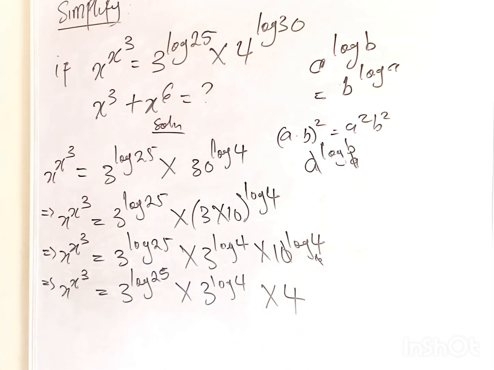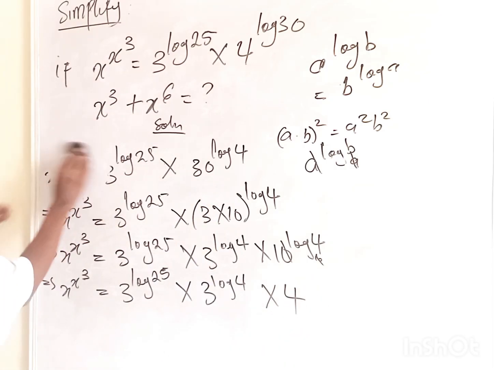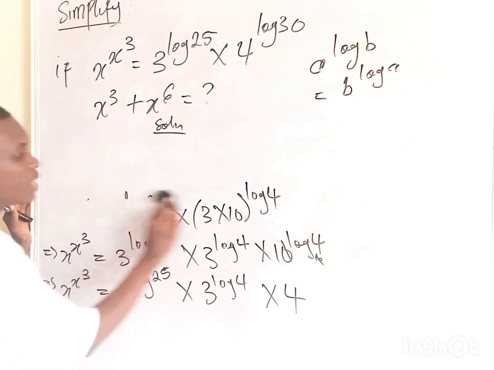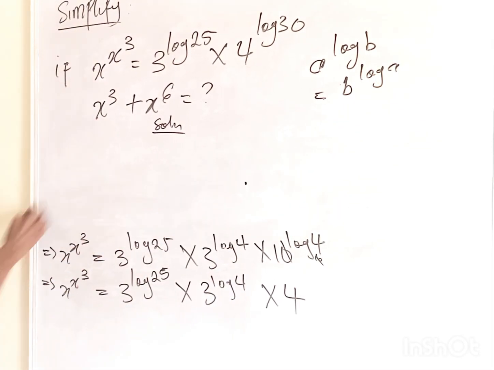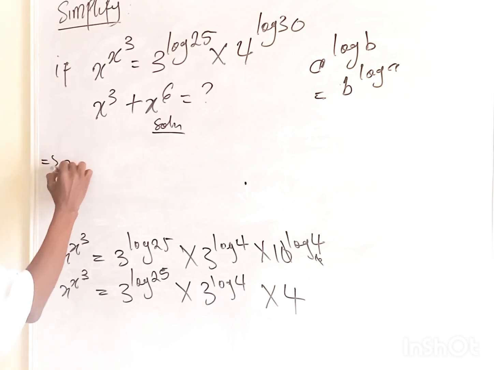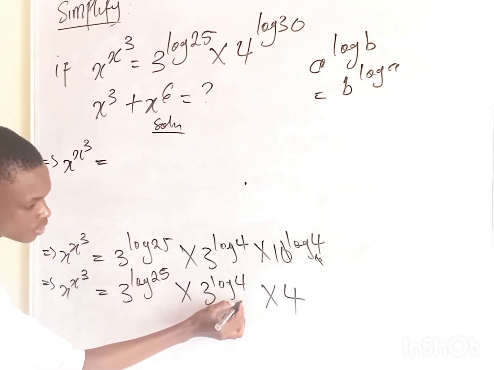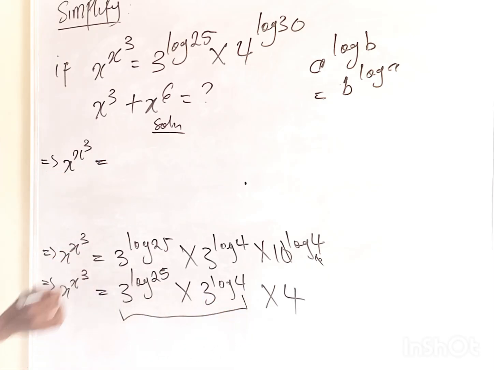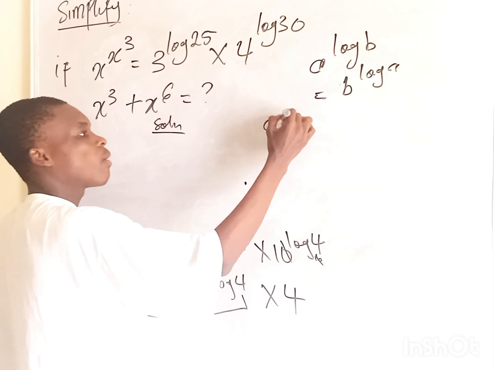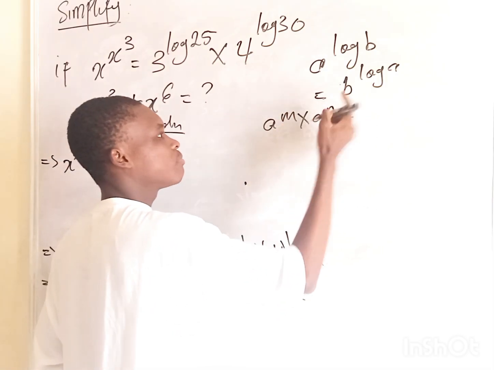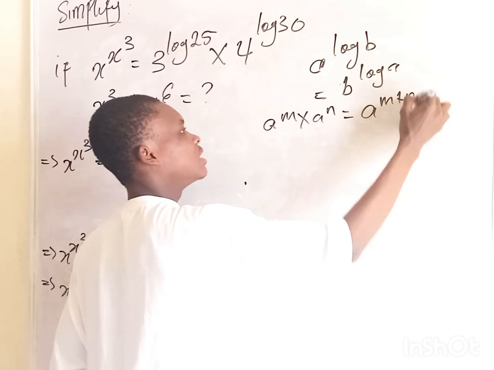All right, so let's finish this. There's no time to waste. So from here, we know that this implies that x to the 3 equals, from the laws of indices, so that when the bases are the same and we are multiplying, that means if we have a to power m times a to power n, since the bases are the same and we are multiplying, we take one of the base and add the power.